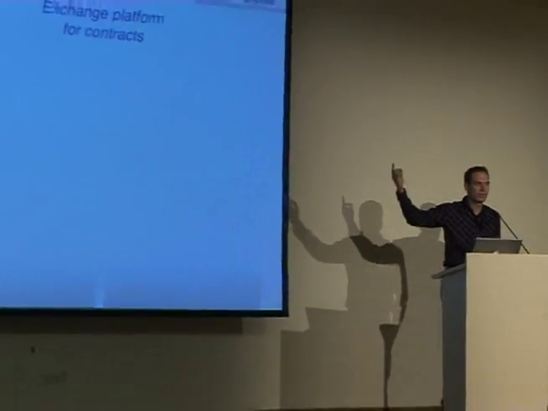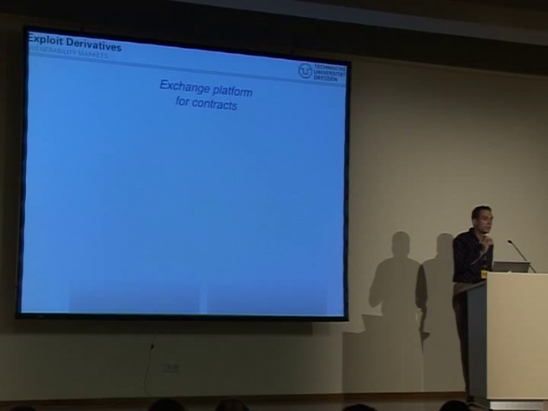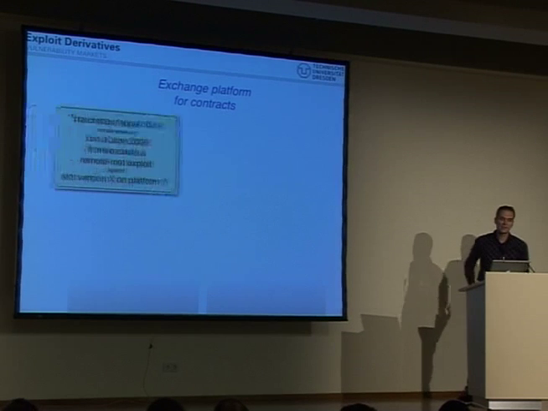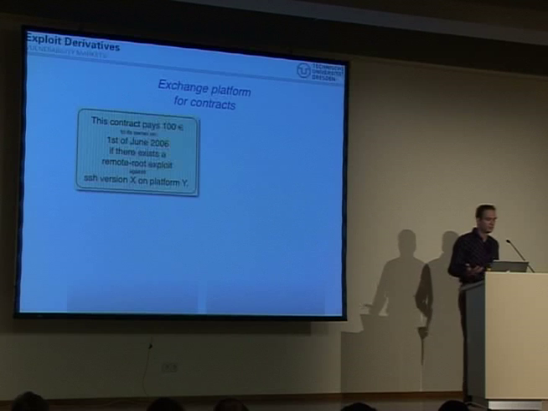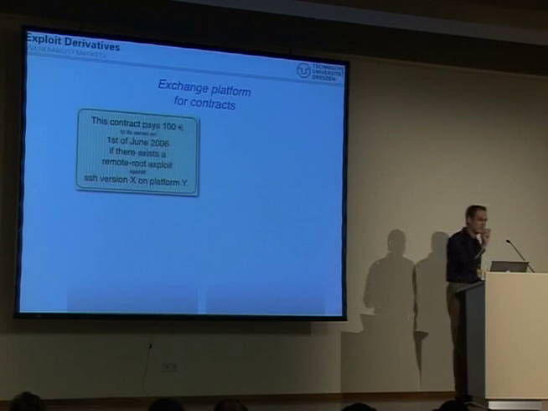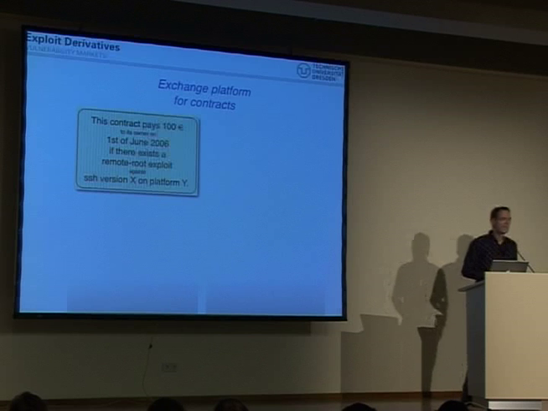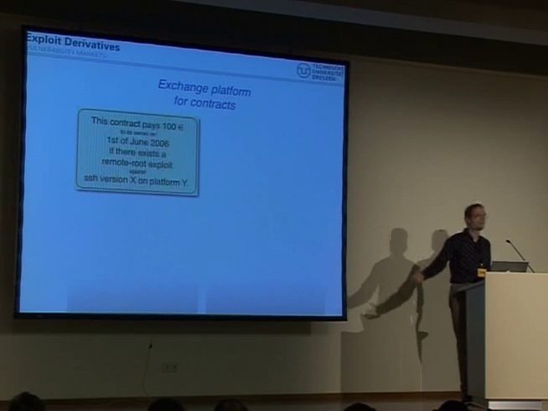Contracts that are derived, that's why we come to the name derivatives, from security events, and a contract could read like this. This contract pays 100 euro to its owner on a specified date if there exists a remote root exploit against a specified software version on a specified platform.